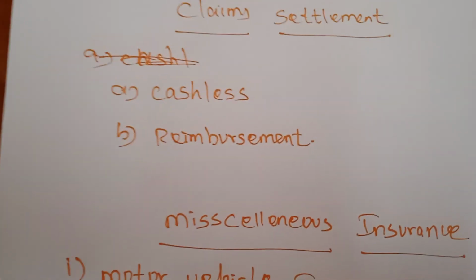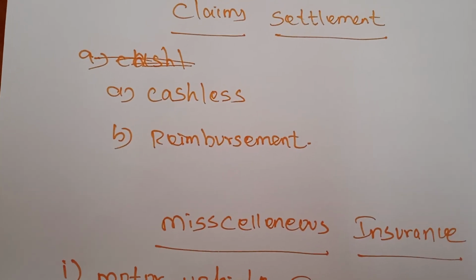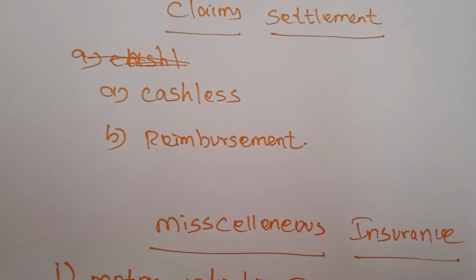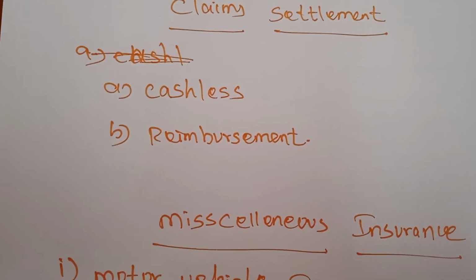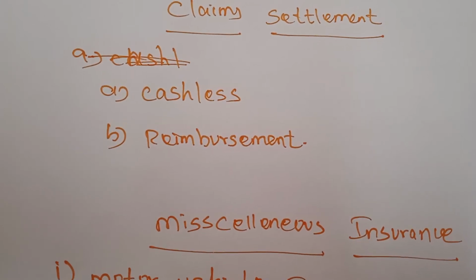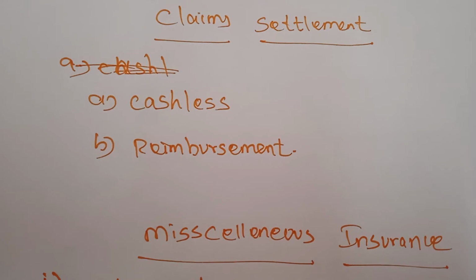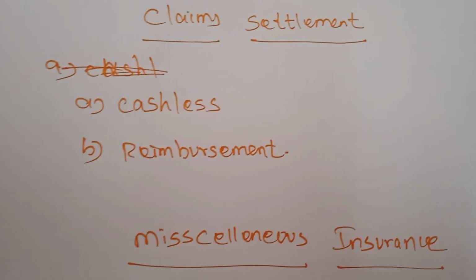Next, reimbursement. The insured avails himself or herself of the treatment and settles the hospital bills directly at the hospital, and the insured can claim reimbursement later by submitting the relevant bill documents for the claim amount to the TPA.